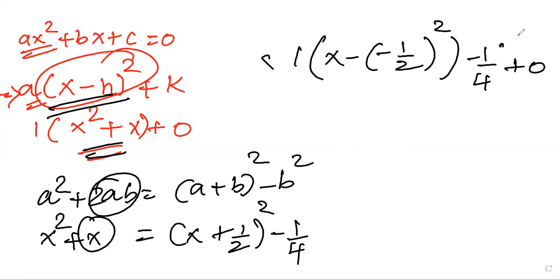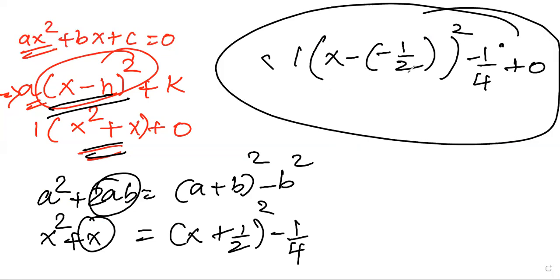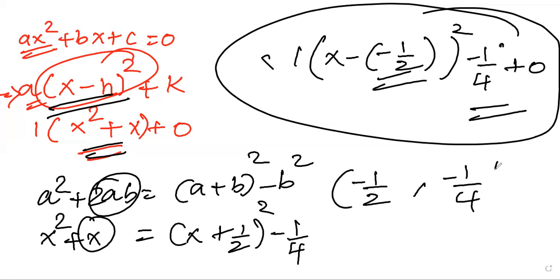So now this looks like a times x minus h the whole square plus k. So this is going to be the vertex. h comma k is going to be the vertex. Minus 1 by 2 comma minus 1 by 4 is h comma k.